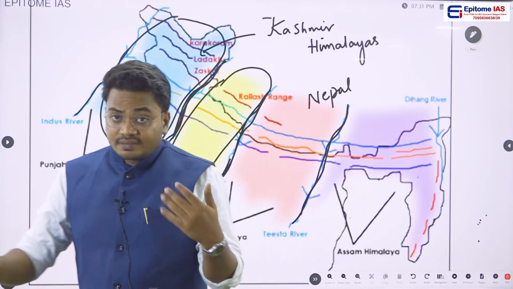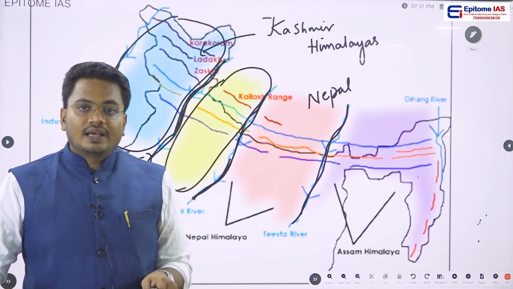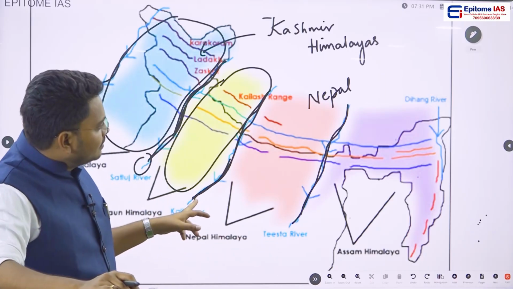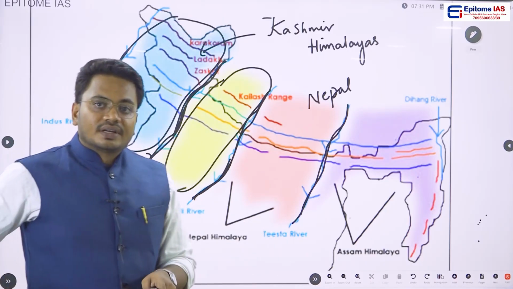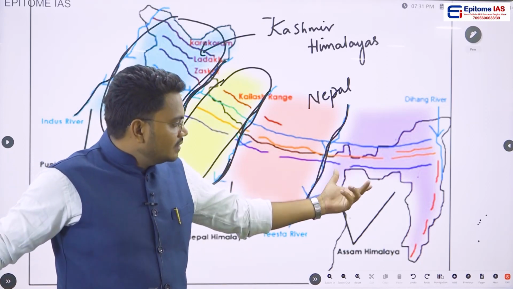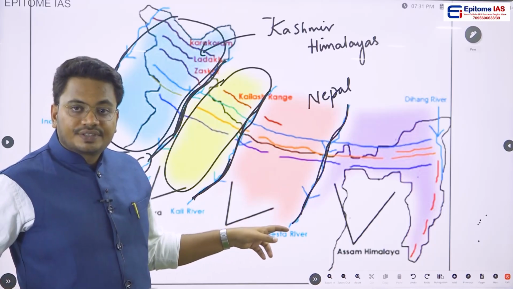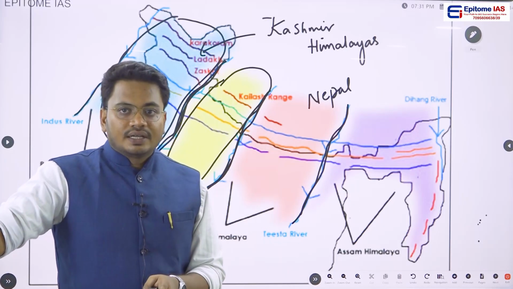Now, the next set of Himalayas is Nepal Himalayas. For Nepal Himalayas, this Kali River would be on the western side and Teesta River would be on the eastern side. And another set of Himalayas is Assam Himalayas. For Assam Himalayas, Teesta River would be on the western side and to the eastern side we have Dihang River.